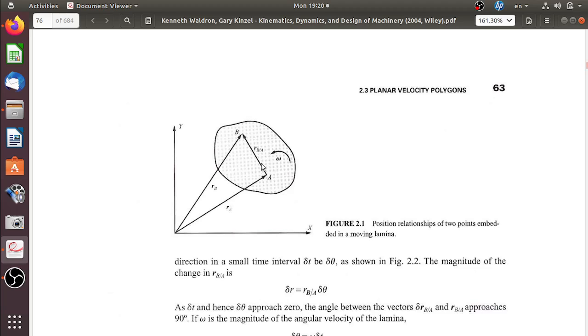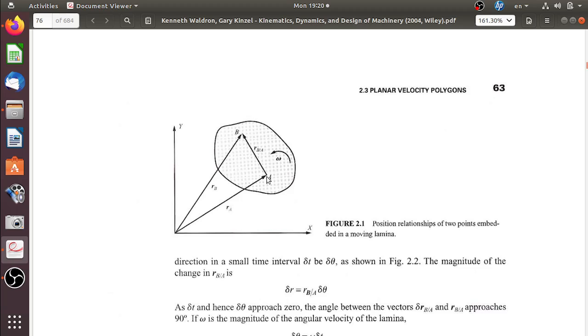What about RB/A? The RB/A will change only if there is a change in the direction, otherwise there is no change. That's the position difference vector.